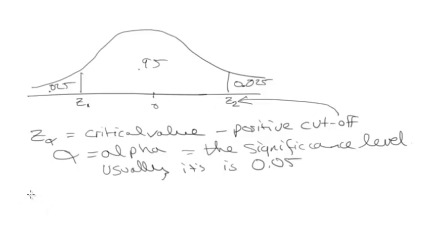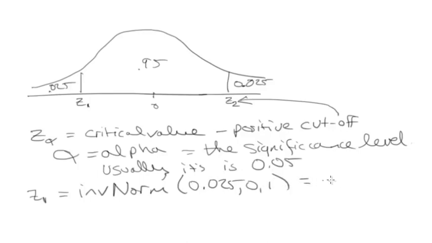And so let's go ahead and find the negative of the critical value, Z1. Why? Because it's easier. Because remember, I can do inverse norm of area to the left, and I've already computed what area to the left is, 0.025. And so that will give me negative 1.96.